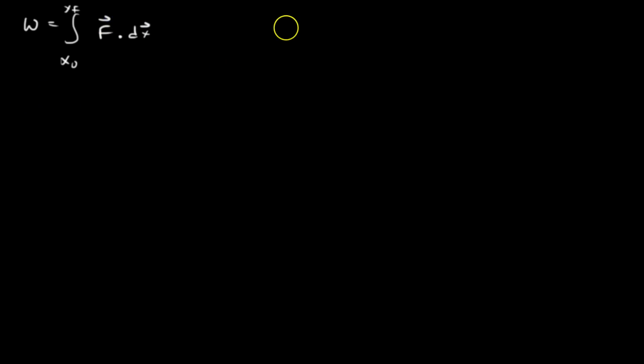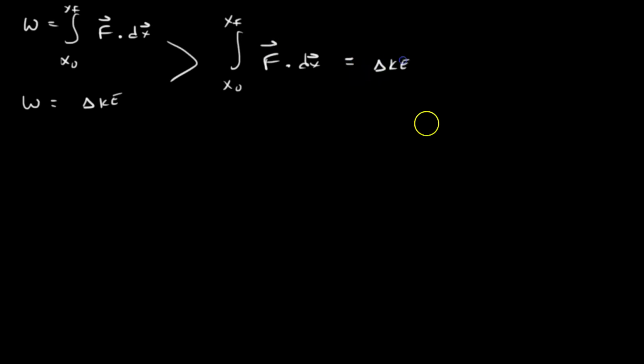And then I said earlier that work was also equal to the change in kinetic energy. So what are we going to do right now? We're going to combine them. Yes, the integral from x0 to xf of force dot displacement dx is going to be equal to the change in kinetic energy.